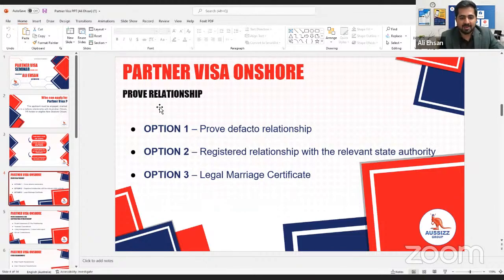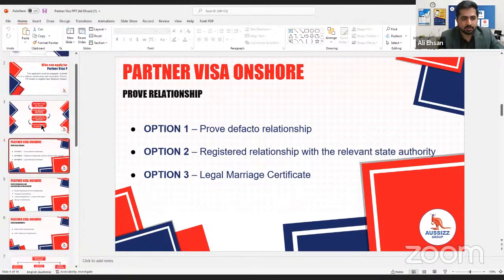You can be married in any country for this purpose, but that marriage should be lawfully recognized in that country. For example, if you are married overseas and use that marriage certificate here, it can be used if it is a legal marriage in the country where you registered your marriage. So these are the three options.